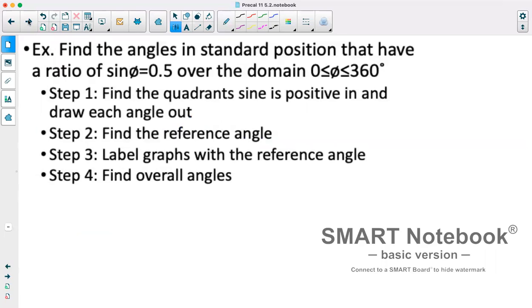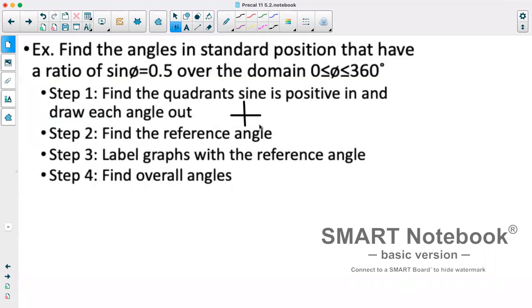Okay, so example, find the angles in standard position that have a ratio of sine equal to 0.5 over the domain from 0 to 360. So our first step is to find the quadrants sine is positive in and draw each angle out. So I'll just draw a mini quadrant grid here.